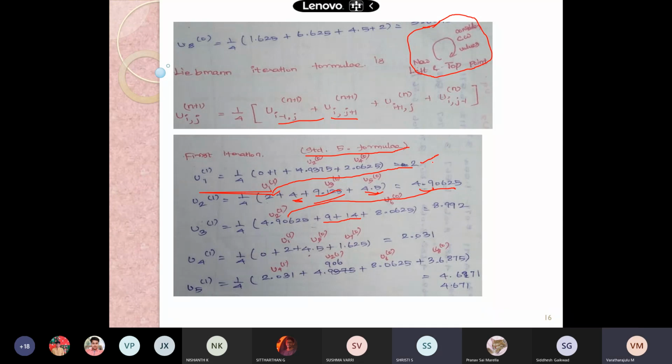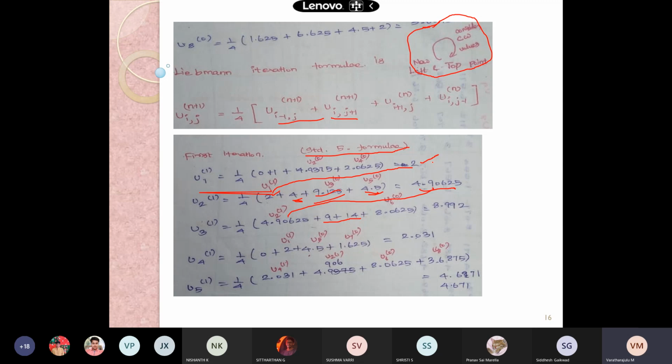After finding U1, we get U2. So for U2, we are updating the value of A. Yes, you can give the answer. Then B has to be given as 4, C has to be given as numerical, and D is also numerical.